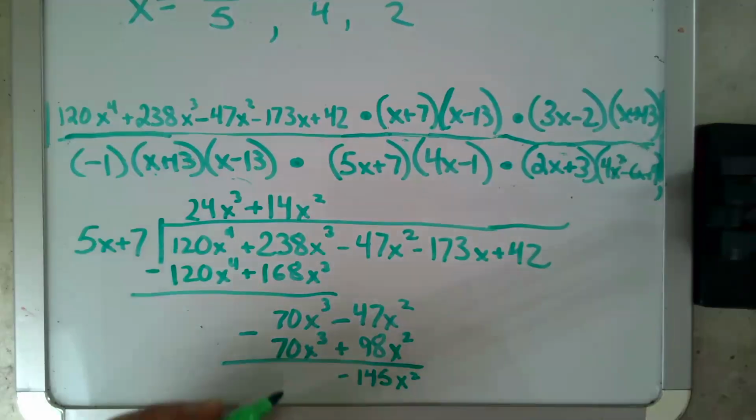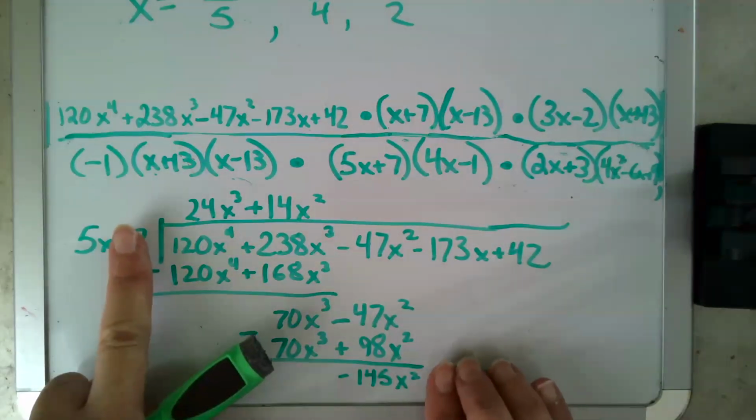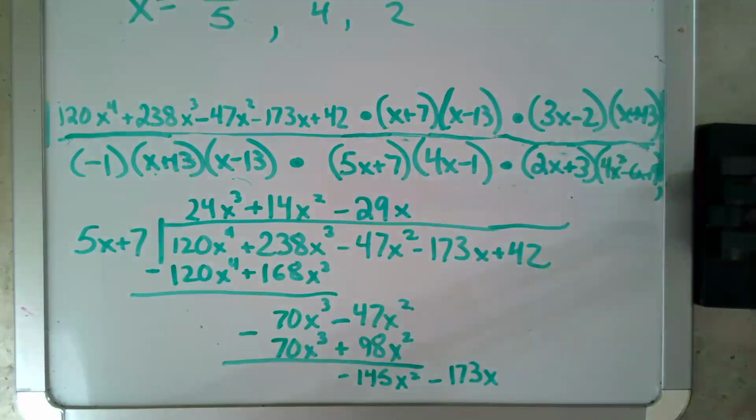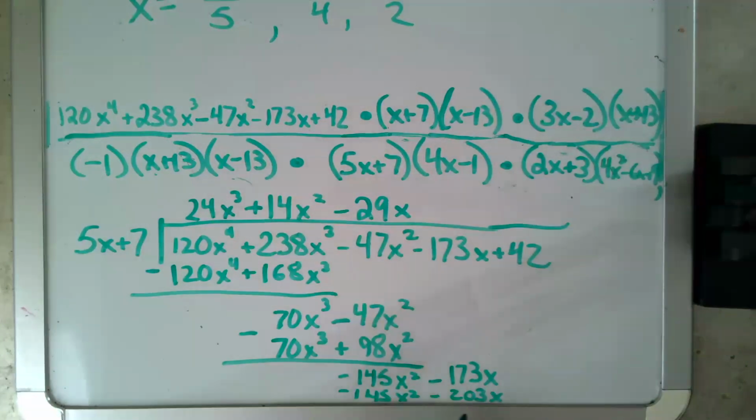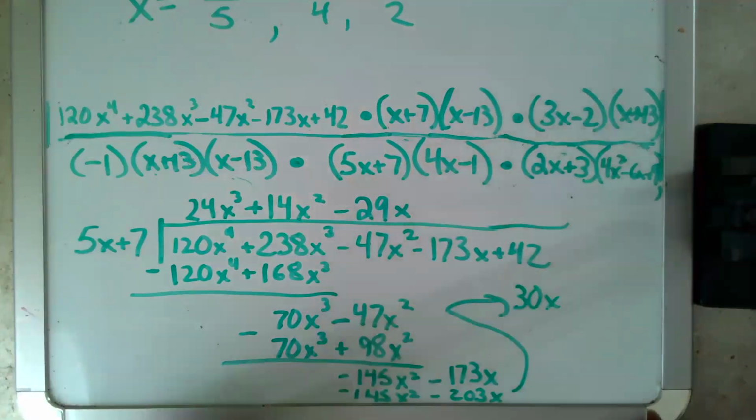Bring down your next term. 5x divides into negative 145x squared, negative 29x times, multiply through, do this subtraction. Negative 145x squared minus 145x squared, that disappears. Negative 173x minus, that means plus, 203x leaves us with 30x.